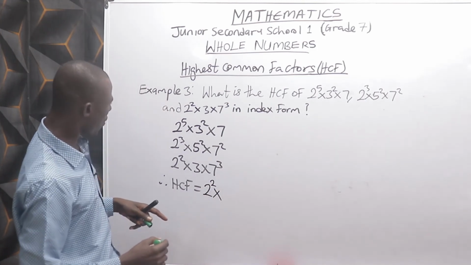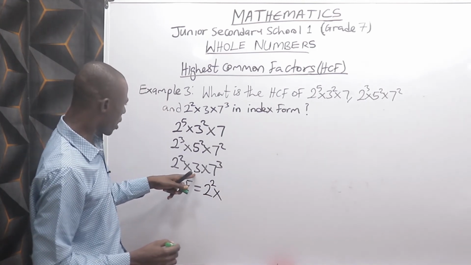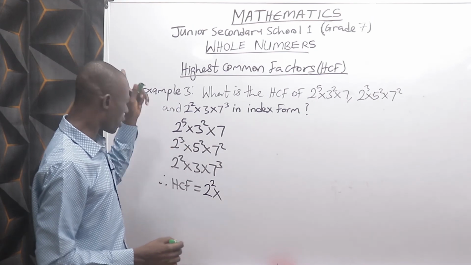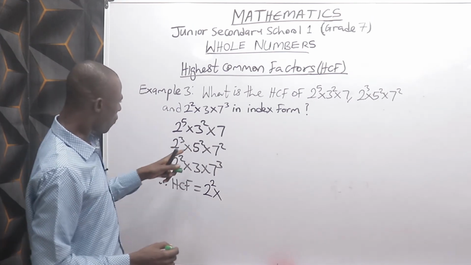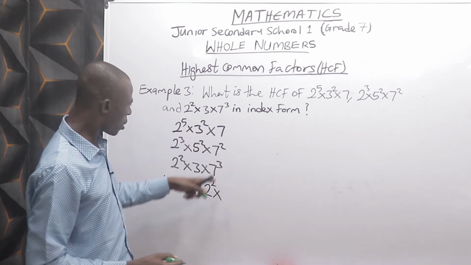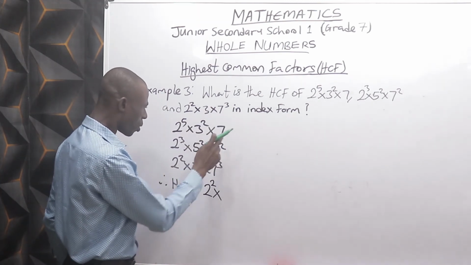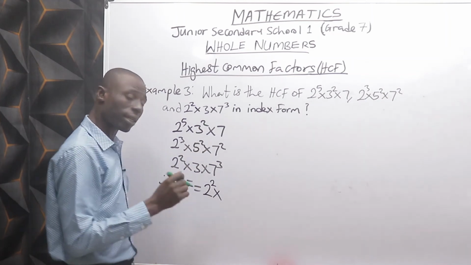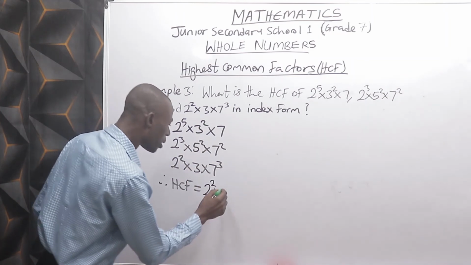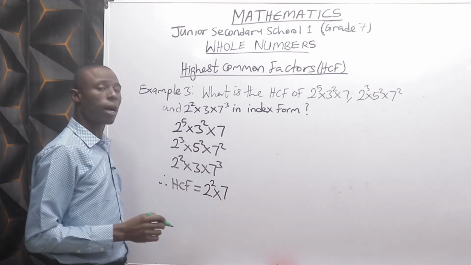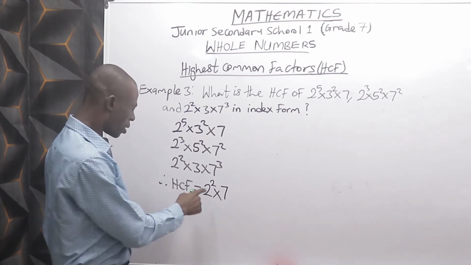What other factor is common? 3 exists here, it doesn't exist here. So 3 is not a common factor, 5 is not, but 7 is another common factor. So we have 7 raised to power 1, 7 raised to power 2, 7 raised to power 3. Taking 7 in its lowest power, it is 7 raised to power 1.